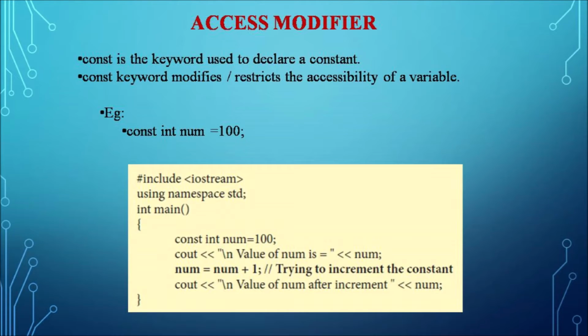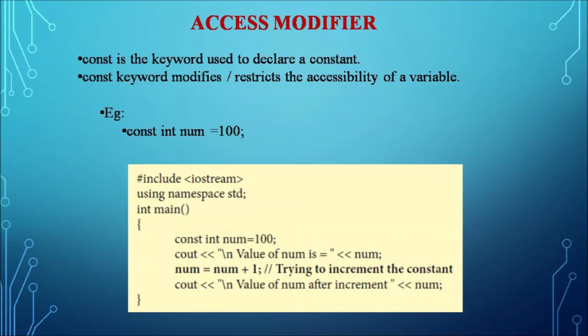So this is the concept of the access modifier. Now you see the example. #include <iostream.h>, and using namespace, all the common statements are used. You see const int num is equal to 100 is declared, and the next line prints the value of num, that is it just prints the value 100. In the third line they are trying to increment the constant, that is num is equal to num plus 1.